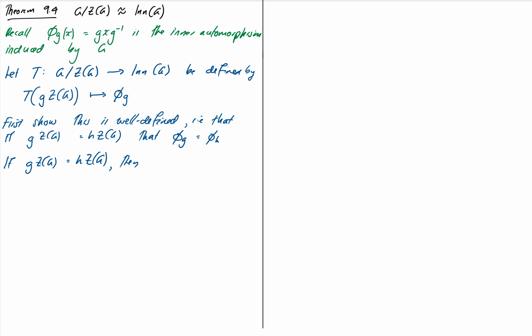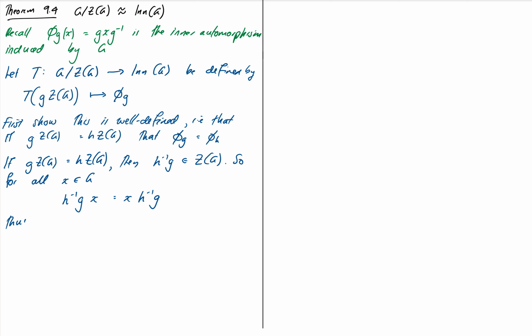by the standard coset property, H inverse G is a member of Z of G. So for all x in our group, H inverse G times x is equal to x H inverse G. This is a standard property of the center: it commutes with every element x in our group.